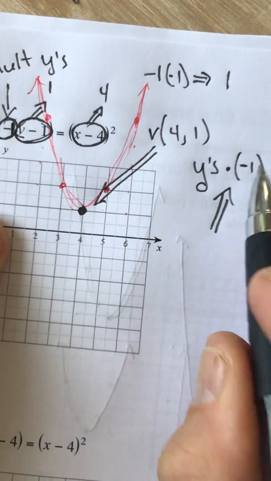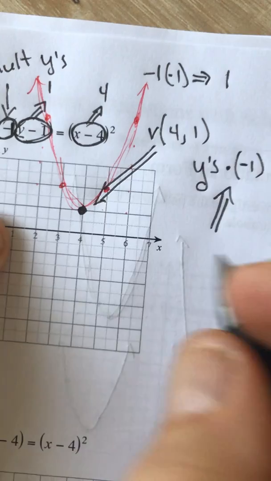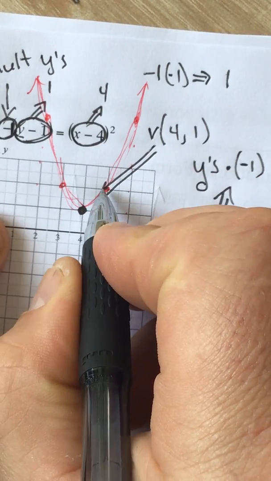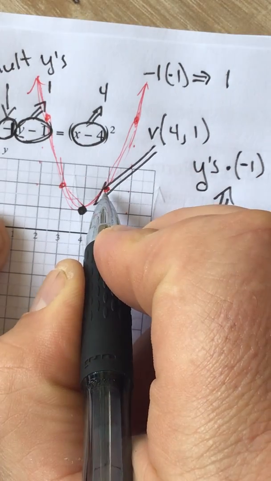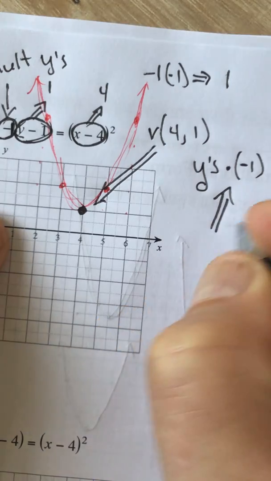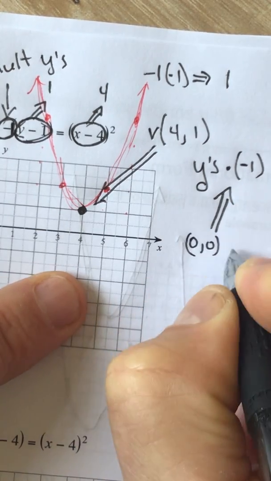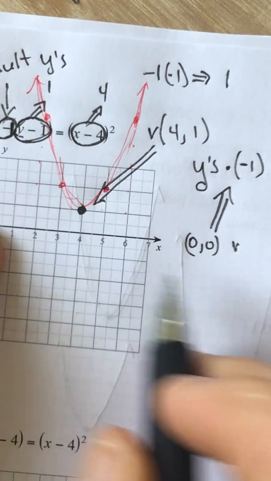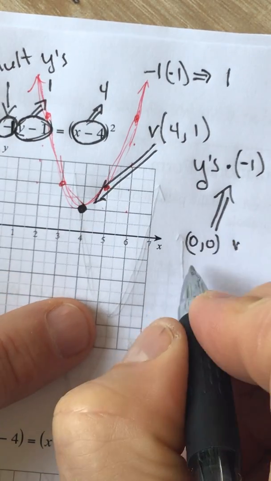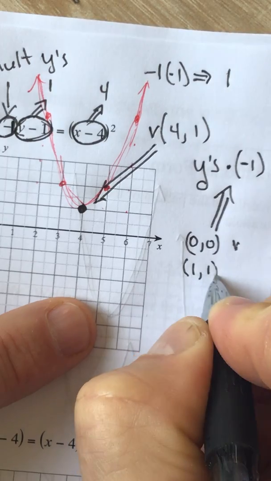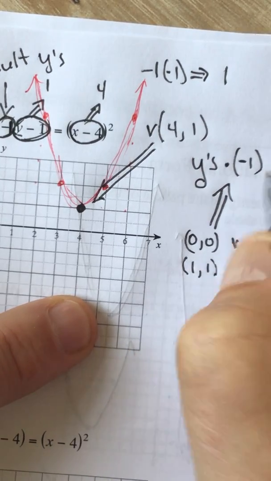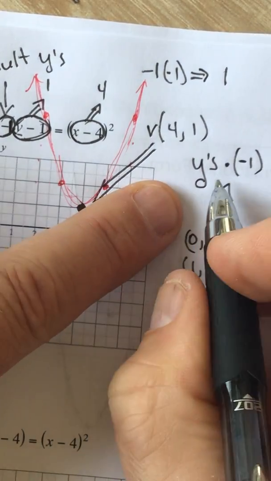The y values are multiplied times -1. So instead of going over 1, up 1, the up 1 is getting multiplied by a -1. So in our mind, this was the vertex originally, it's just been moved, but I'll think of it as 0, 0. Then we went over 1, up 1. But the y value is being multiplied times -1.